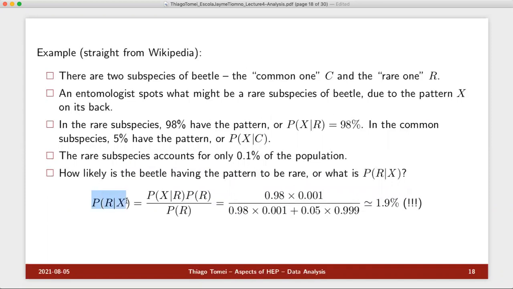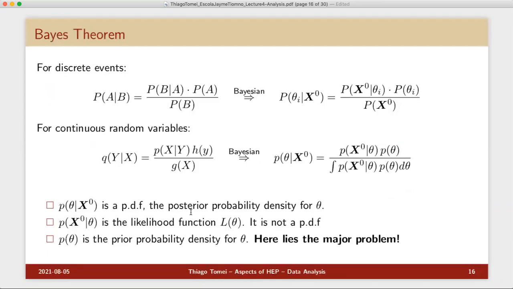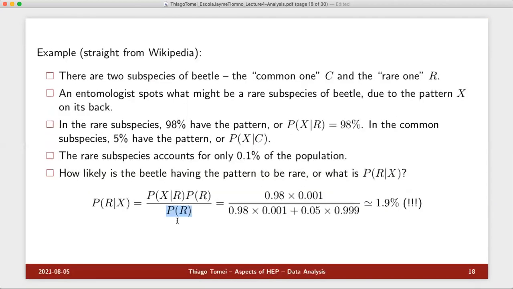Probability of R given X is probability of X given R times probability of R divided by, and here I made a mistake again. Let me just go back here. And yes, it's supposed to be the probability of X. Sorry, X. And we have all the numbers, so just run them.